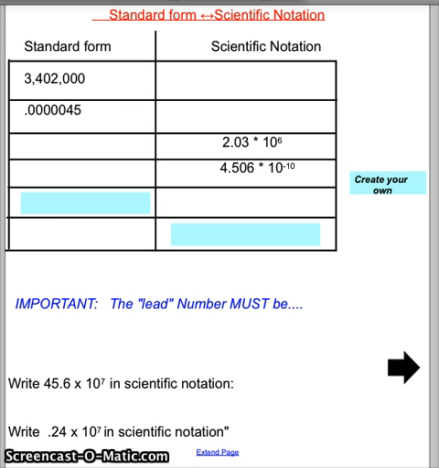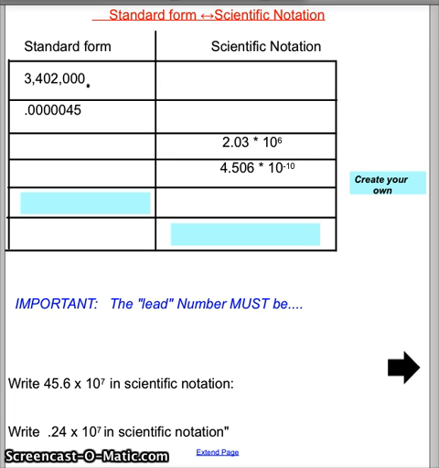So, the real question, how do we go in between scientific notation and standard form? So, that first one, 3,402,000. What we need to do is, for a number like this, we need to start with our decimal point. We need to move that decimal point until we get our number to be between 1 and 10.